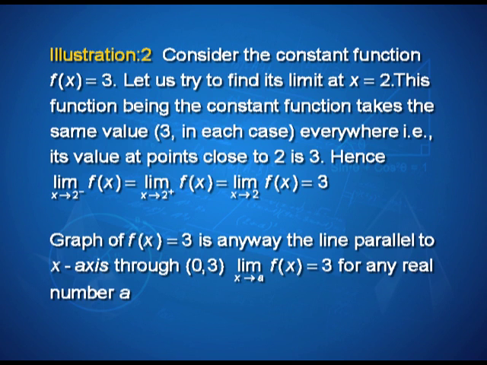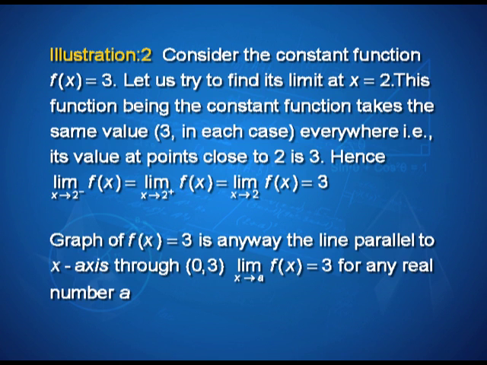Graph of f of x is equal to 3 is anyway the line parallel to x axis through 0, 3, that is limit of f of x is equal to 3 as x tends to a for any real number a.